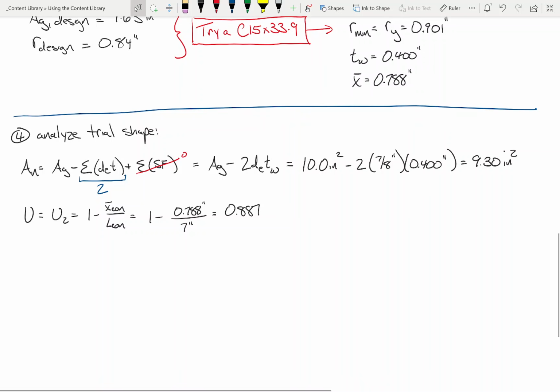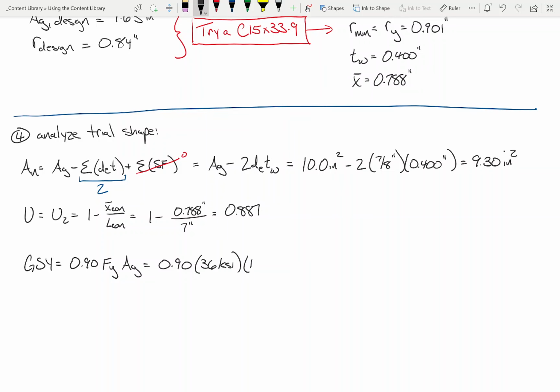Okay. So now can I start computing strengths? I've got everything I need now, right? Because I've got this. And again, actual gross area. Ignore our design parameters. They don't matter anymore because now we have a shape that we're actually evaluating.